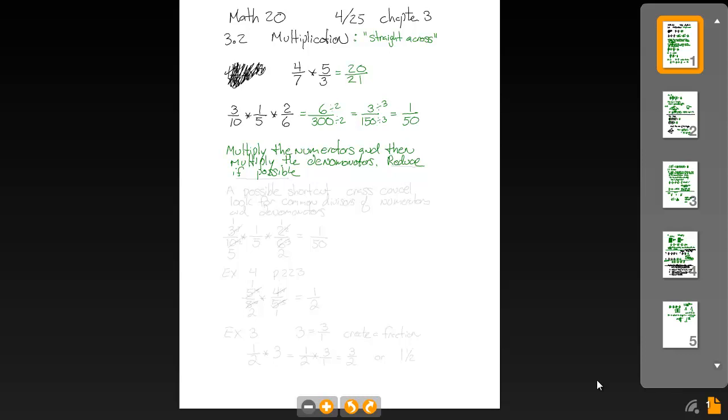There's a good little introduction to the chapter. I already went through it where they draw a picture explaining why multiplication works. I'm not going to do that again. But I am going to show you a recommended shortcut. Some of you might remember cross canceling. When it goes into the equal?